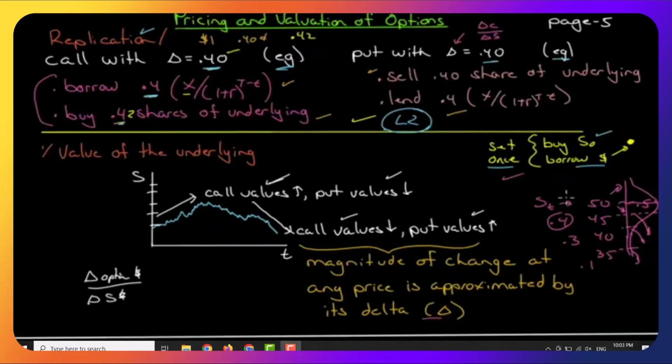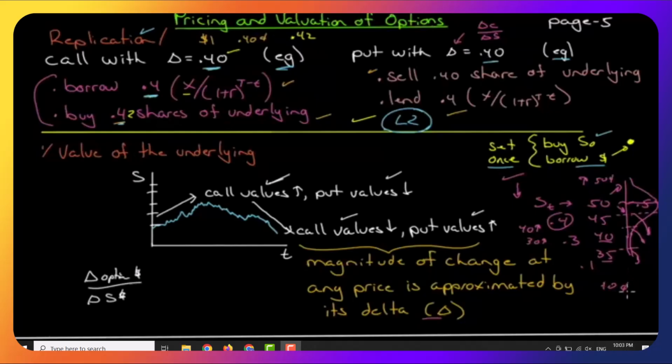So that if the stock dropped $1, the $50 put with a delta of 0.5 would increase by 50 cents. The 45 strike price with a delta of 0.4 would increase 40 cents. This $40 strike price with a delta of 0.3 would increase 30 cents, and the $35 put would increase by 10 cents.